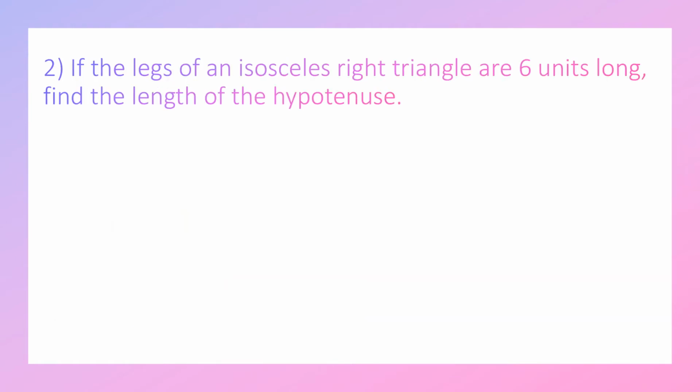If the legs of an isosceles right triangle are 6 units long, find the length of the hypotenuse. Isosceles means you have two legs that are exactly the same, and then we are trying to find the hypotenuse. If you didn't know what isosceles means, it tells you that the legs are 6 units long, which means both of the legs are 6 units, and the hypotenuse is always across from the right angle.